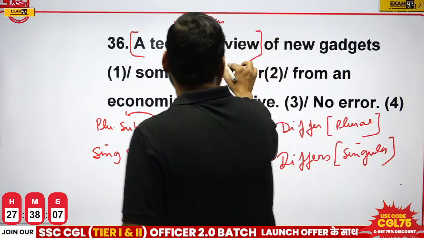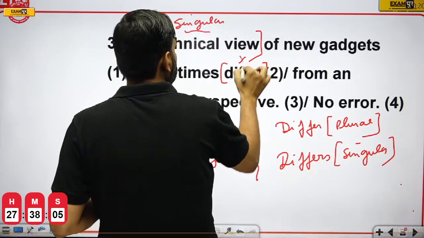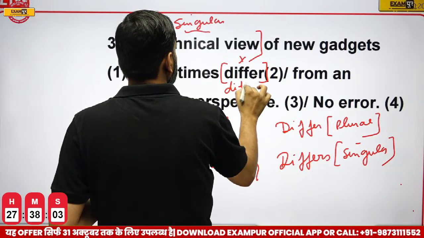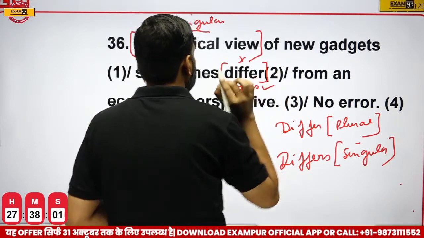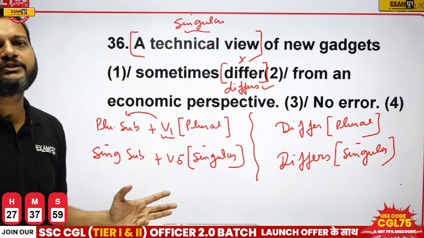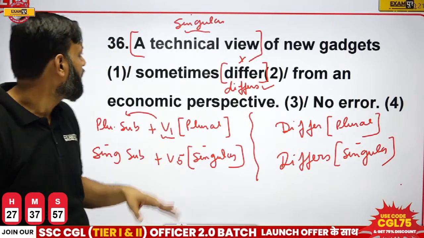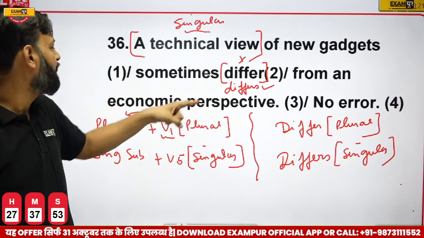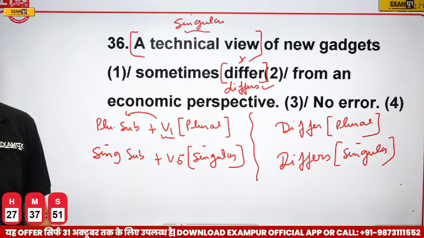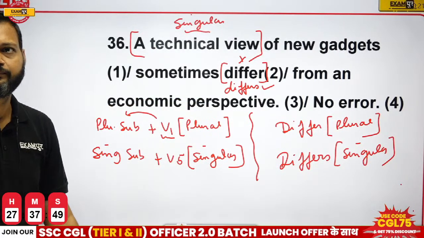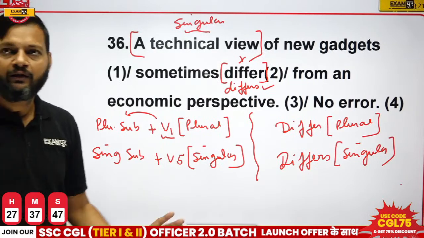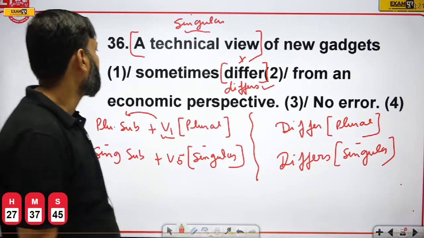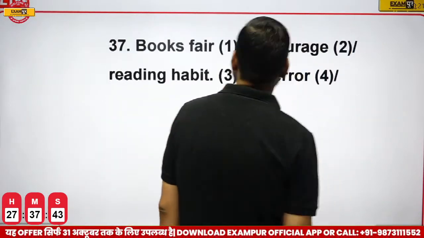So here differ will be replaced by differs. Okay, so a technical view of new gadgets sometimes differs from an economic perspective. Clear? Okay, wonderful. Now next one.